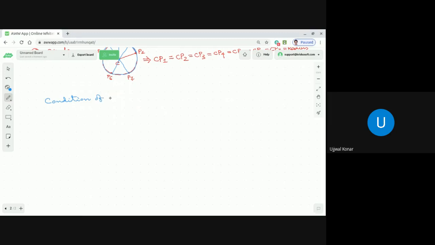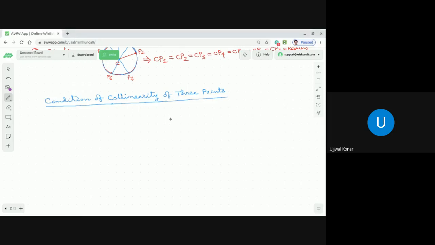Condition of collinearity of 3 points. That means we have 3 points, and we want to discuss under what condition those 3 points are on the same line.